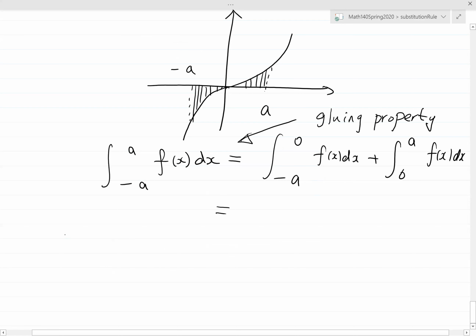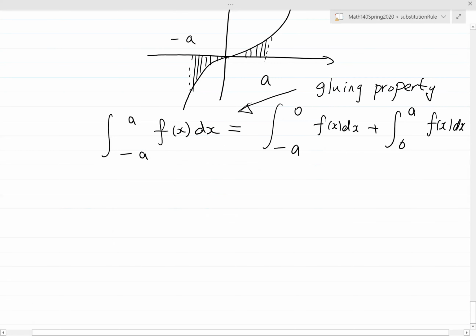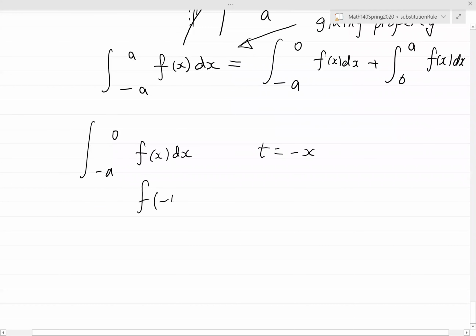And then for the first integral, negative a to 0 of f(x) dx, we can use substitution. Let t be negative x. Then this will be f of negative t, and dx will be negative dt. When x is negative a, t is a.